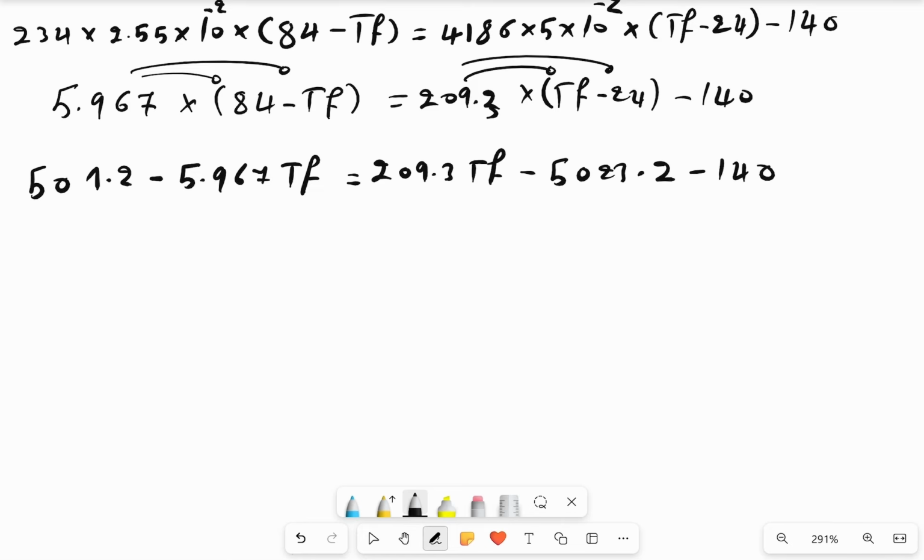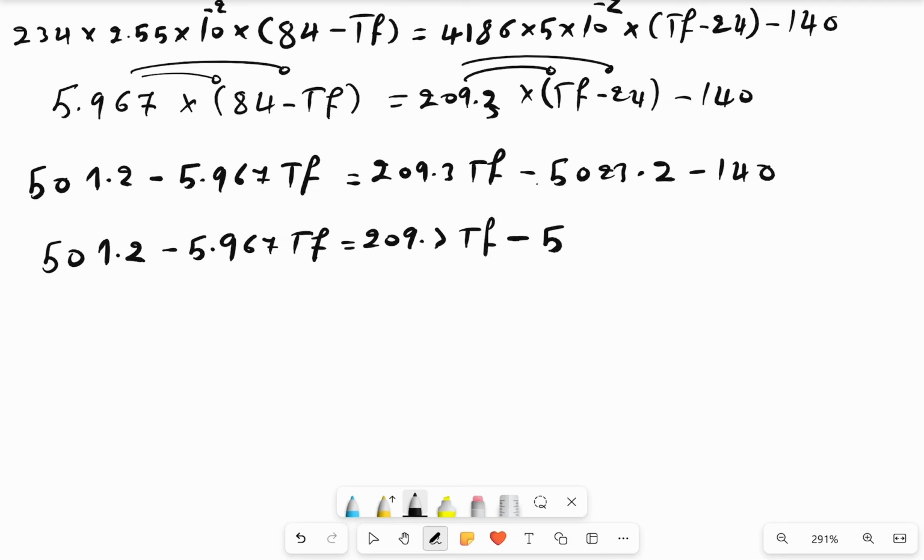These two are both minuses, so this is minus 5,023.2 minus 140, so add them together and the sign should be negative. Let's do this first. So 501.2 minus 5.967 T final is equal to 209.3 T final minus 5,163.2. Okay, this is the result.